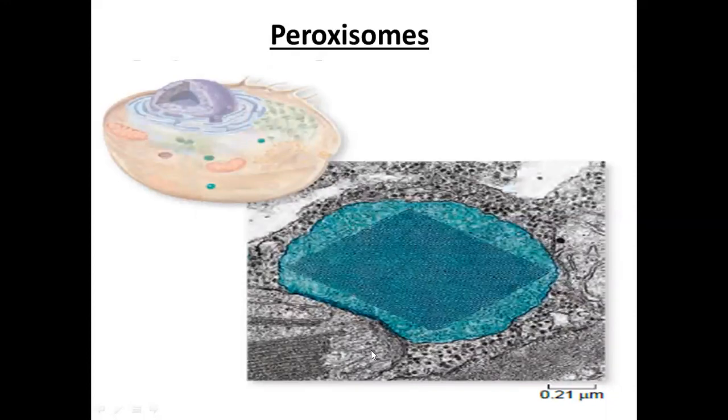They are called peroxisomes because the digestion and detoxification process leads to the production of hydrogen peroxide as a byproduct. So that's the function of the peroxisomes: detoxification and digestion, involved in redox reactions.